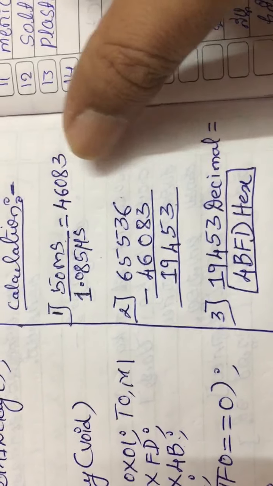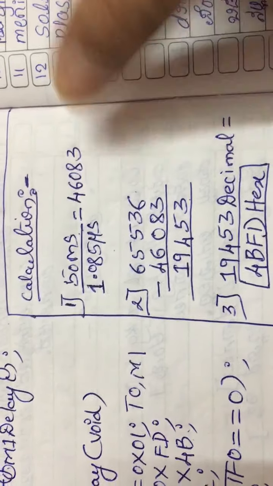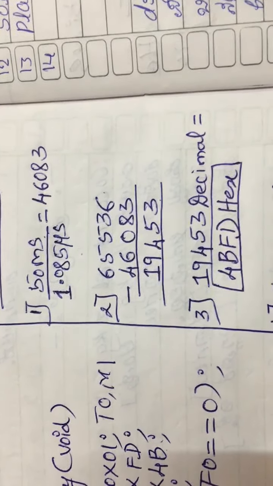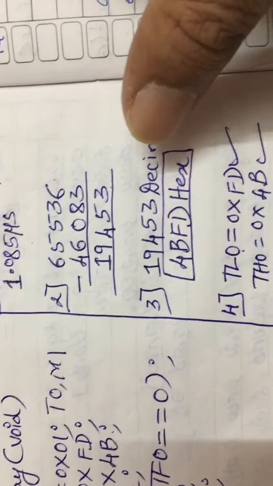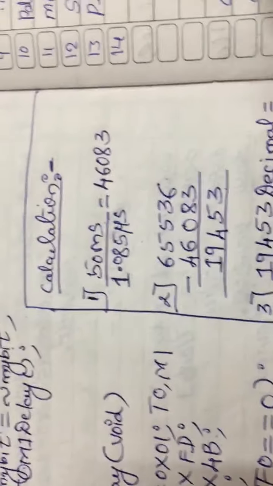Then this should be subtracted from the max value of mode 1, that is 65,536 minus 46,083. You will get 19,453. Then convert this decimal number to hexa value, and you will get the values of the timers. So this is for 50 milliseconds.